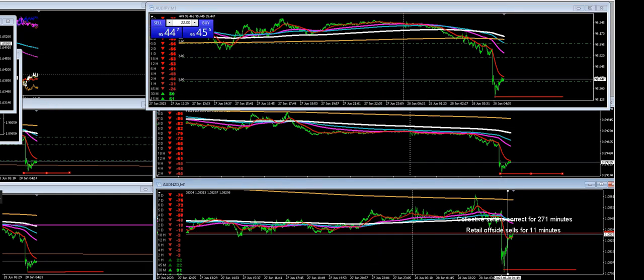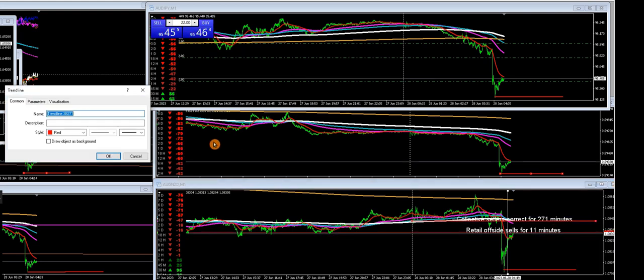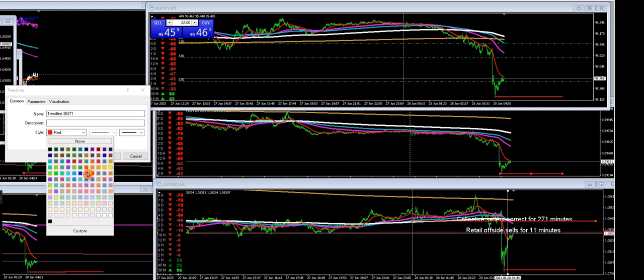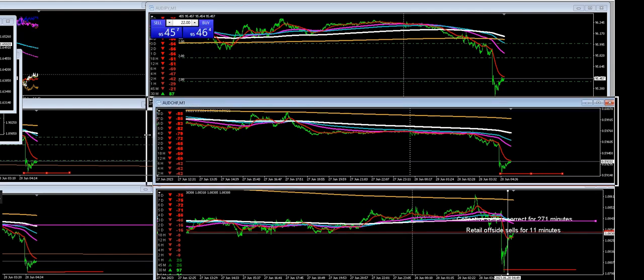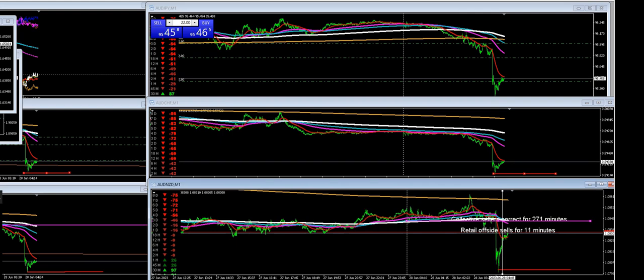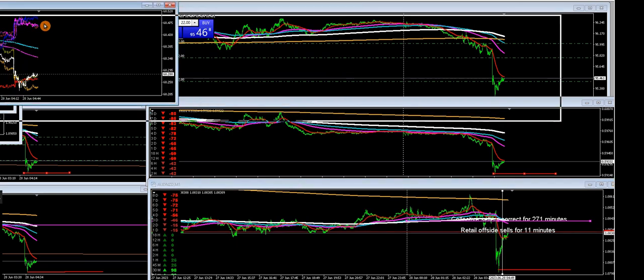So let's zoom in. Note the open as well. The opening price is here. In the Aussie New Zealand, I'm choosing the New Zealand as it's the closest in value to the Aussie currently in time relative to the other ones, as we already observed back here.